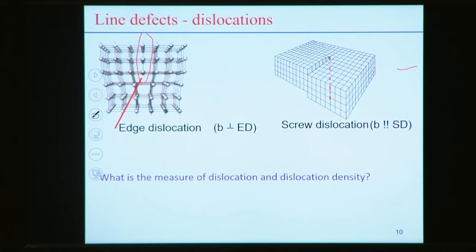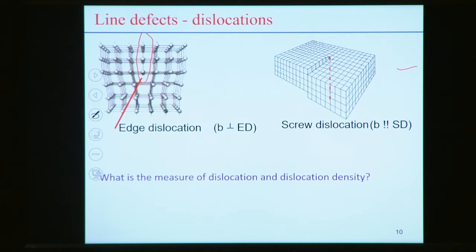When there is an extra plane of atoms inserted in such a way, that creates the edge dislocation. With respect to this point, the normal to this plane represents the dislocation line.